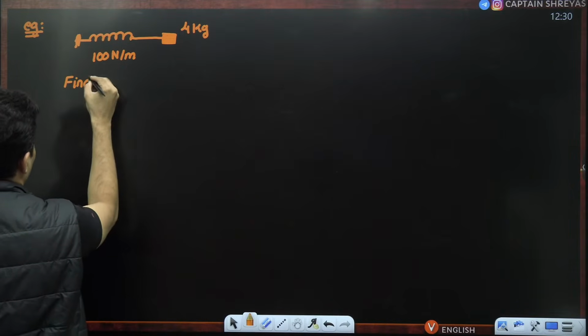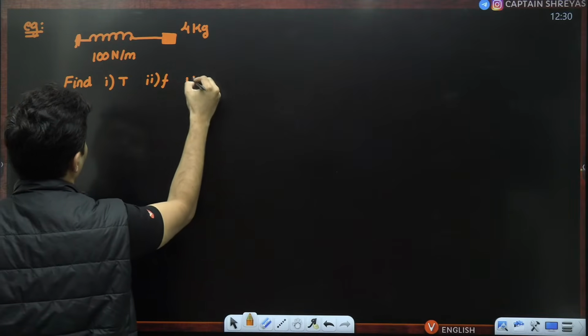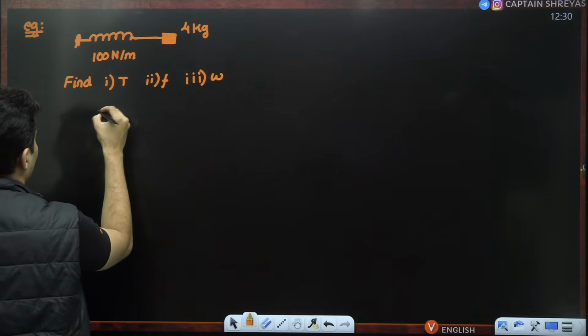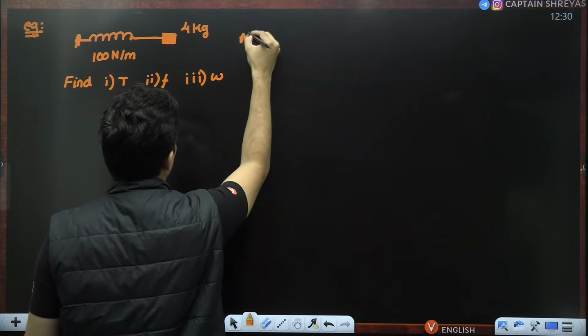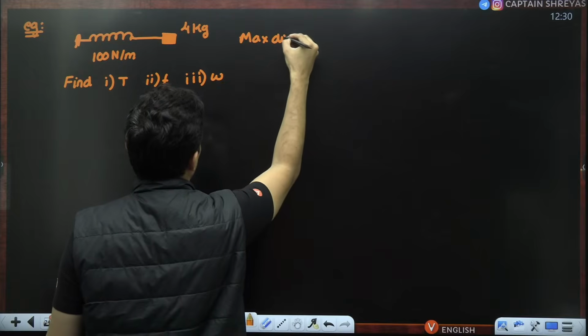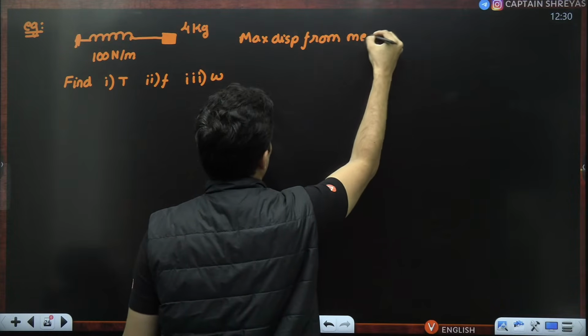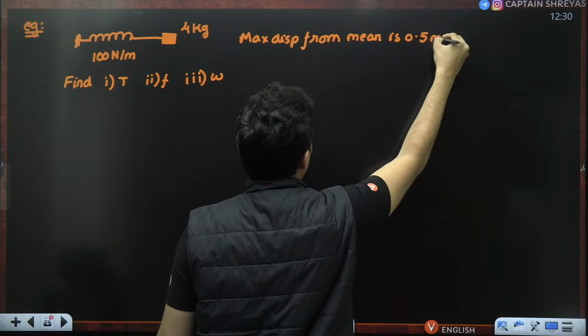Question is, find number 1 time period, number 2 frequency, number 3 omega. It is also given that the maximum displacement from the mean position is 0.5 meters.